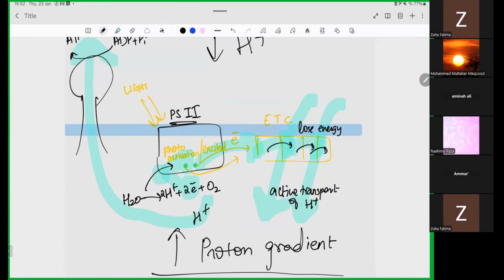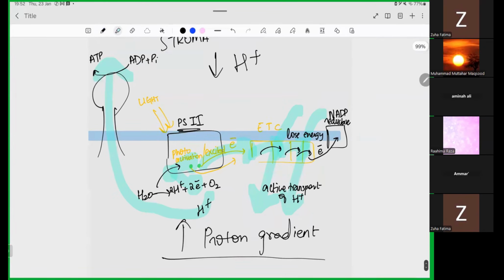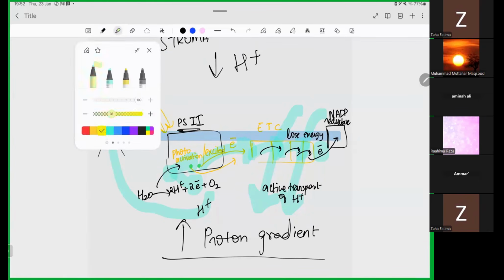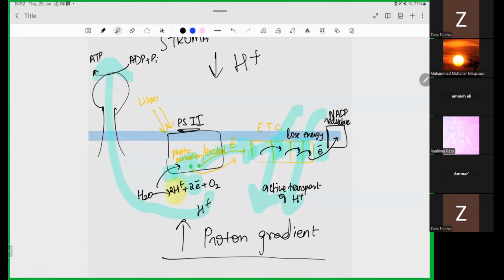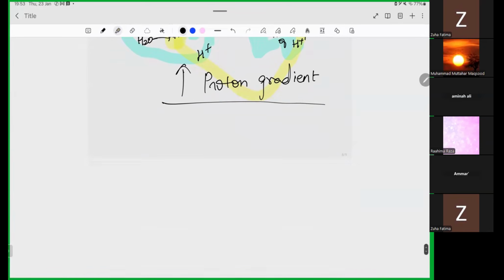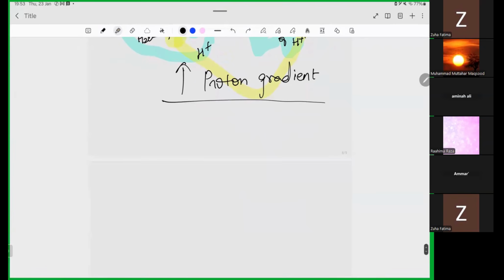Now, हमारे पास there is an enzyme called NADP reductase. Now, NADP reductase acts as the final electron acceptor and it combines NADP with the protons that came from water to form reduced NADP.